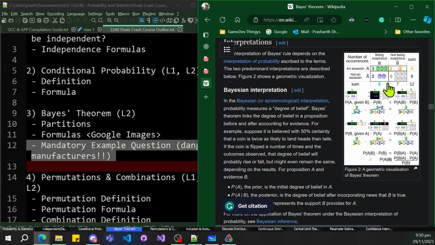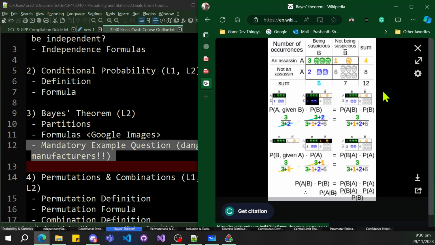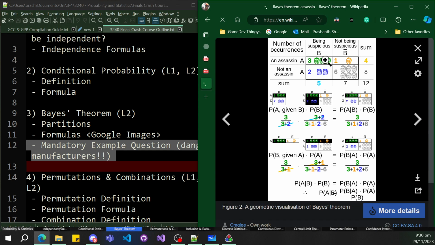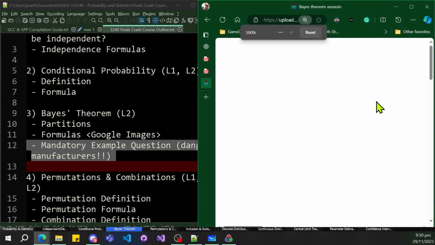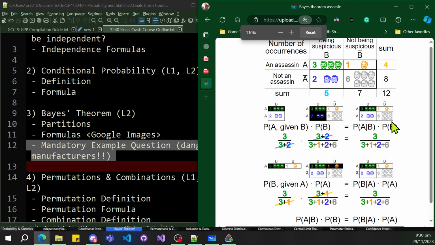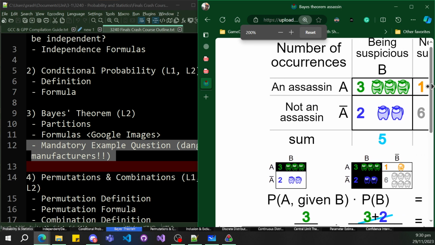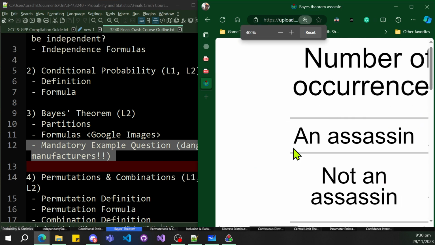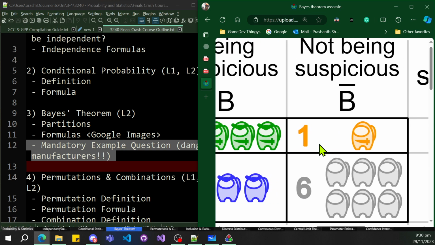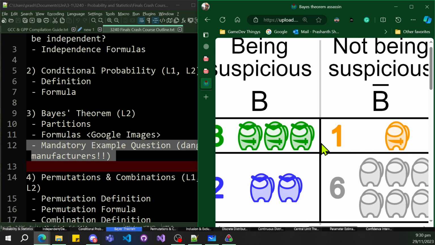Oh yeah, this diagram is really good. If what I've mentioned about Bayes theorem still doesn't make sense, I think this diagram is fantastic. Beautiful. Stunning even. But genuinely, this is a very helpful diagram.